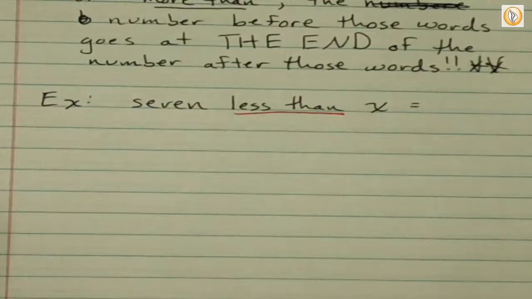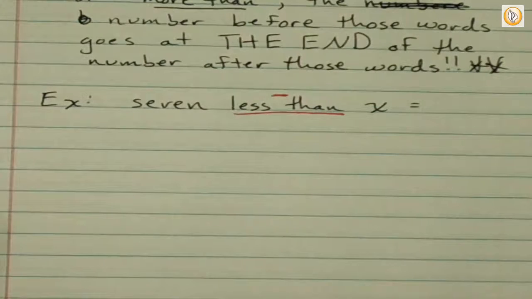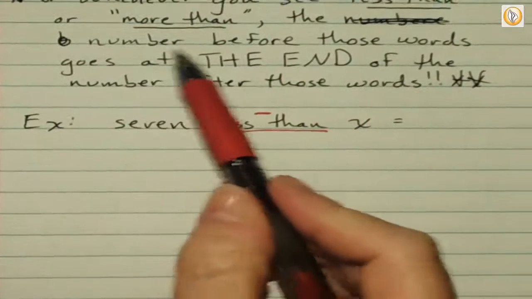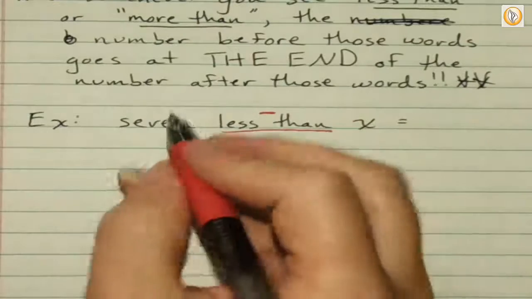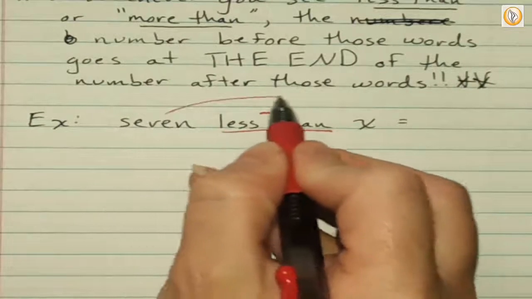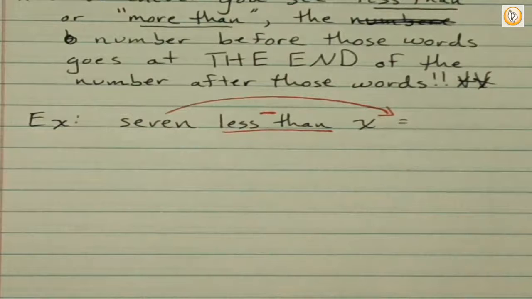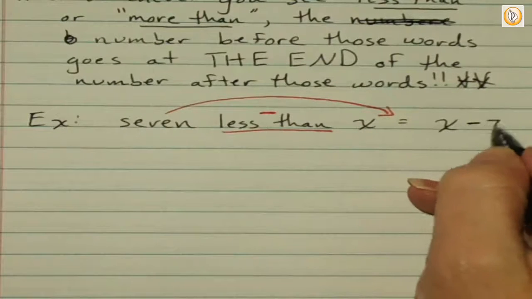Less than, does that mean subtract or adding, Joseph? Subtract. Subtracting. Now, if you look up here, the number before those words goes at the end of the number of those words. So 7 will go after the X. So the answer is X minus 7.